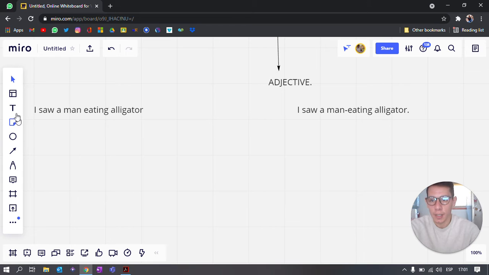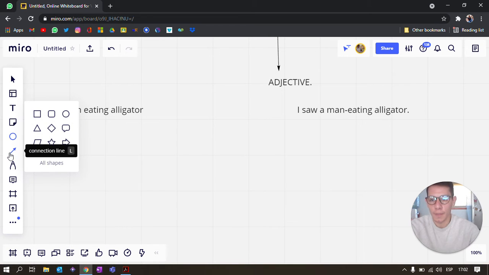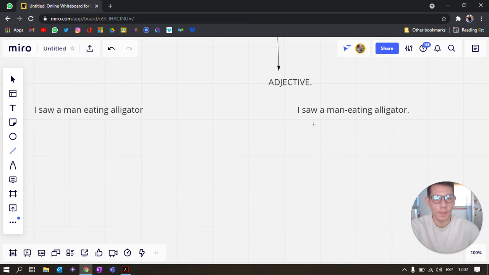So where is the line here? Well, I don't know how to make a line. There it is. Man-eating alligator. So this is what we call, as I already told you, a compound adjective.